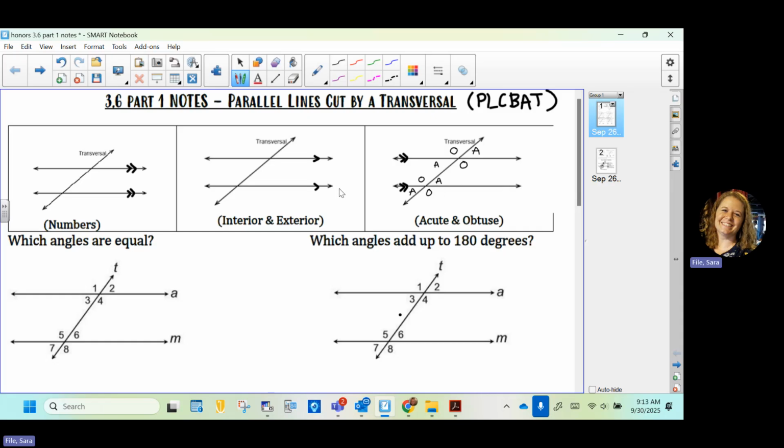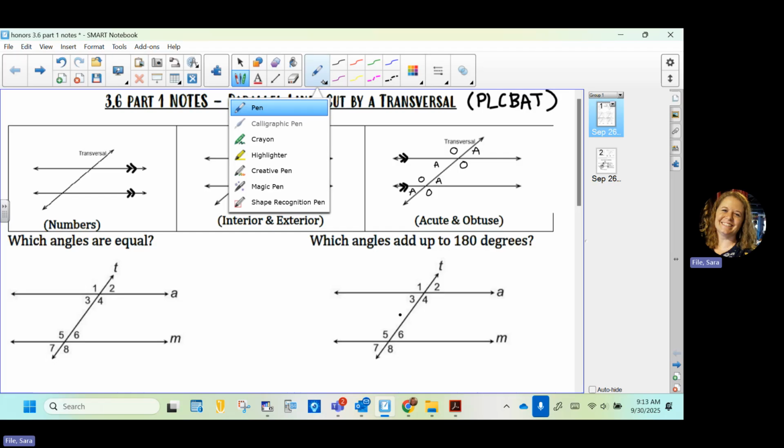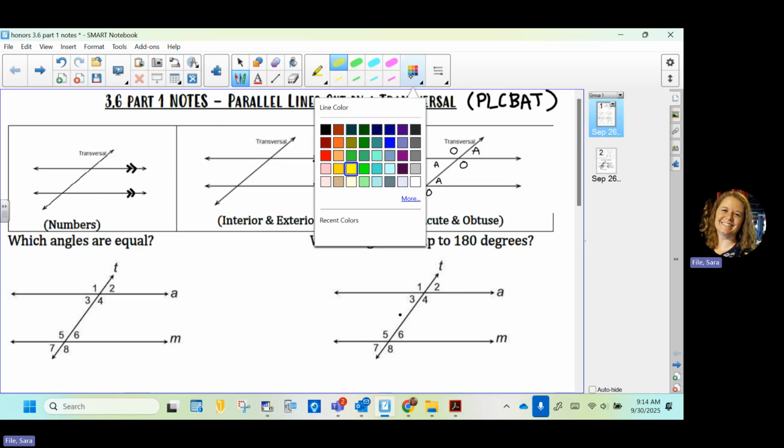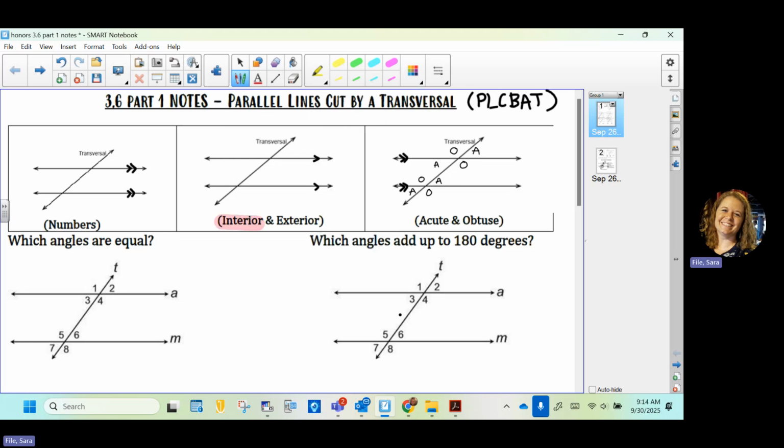Now, interior and exterior refers to the parallel lines. So I'm going to highlight here. If you have colored pencils or something to shade in, you can. If you don't, maybe just shade one and not the other. Interior means in between the parallel lines. So when we talk about interior angles, this is what we're talking about.